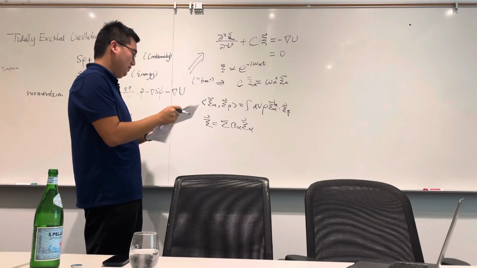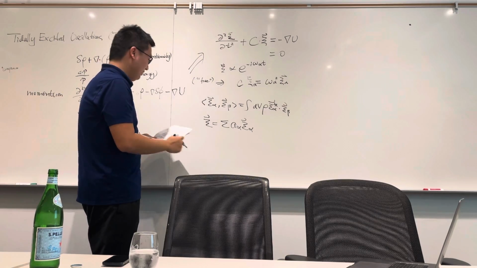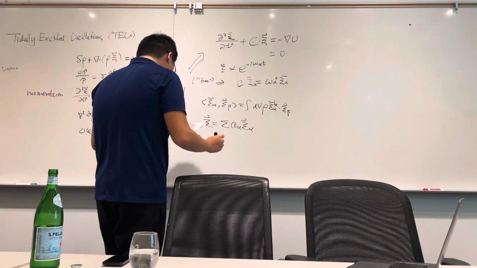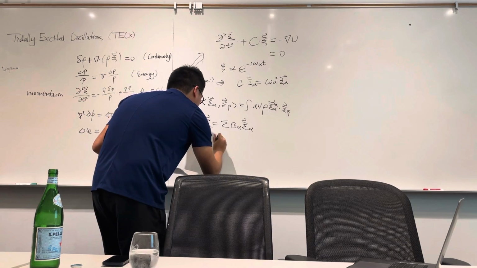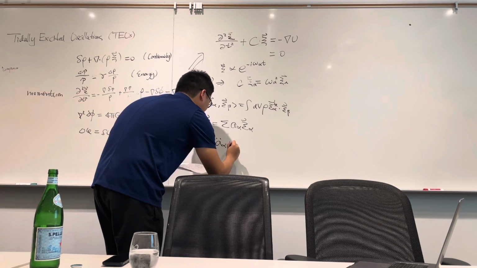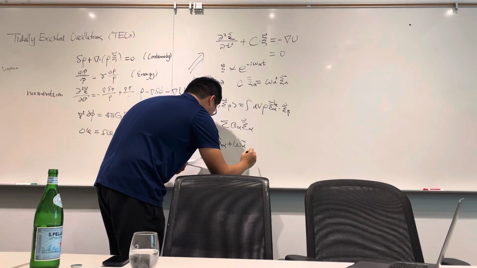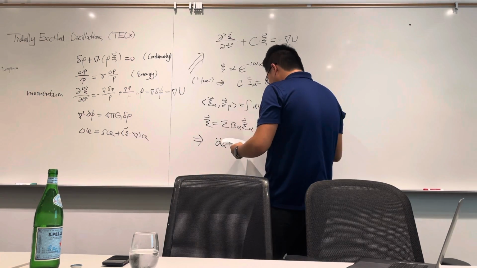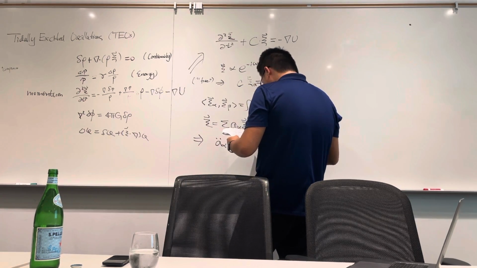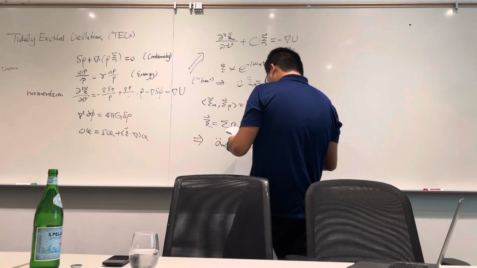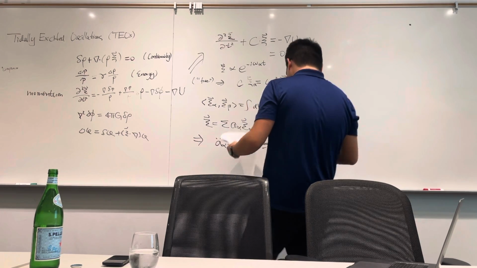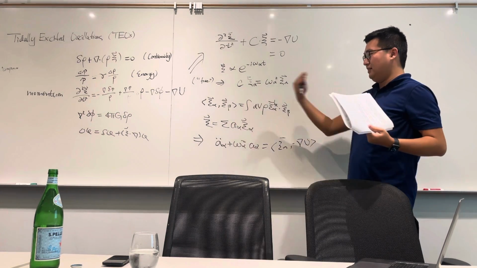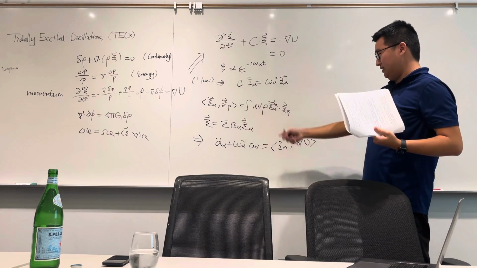Then you can get your equation for the coefficients, and that is A alpha double dot plus omega alpha squared A alpha equals the inner product of C alpha. Okay? So basically you solve the tidally excited oscillation for this case.